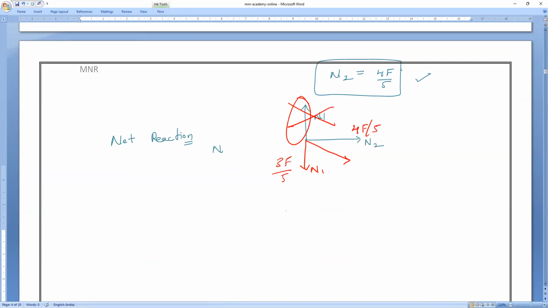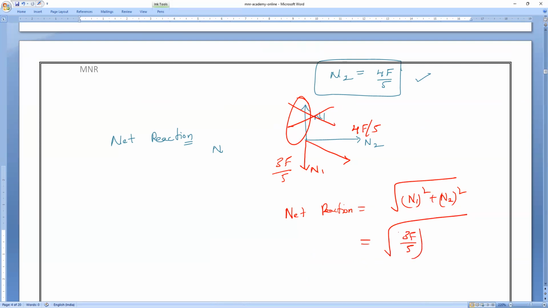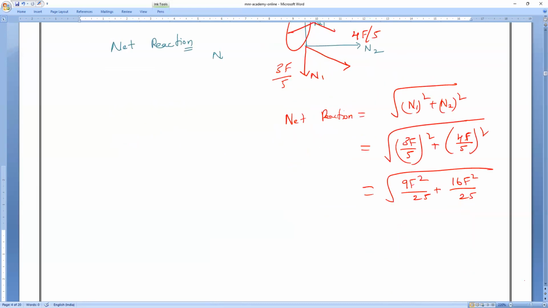So the net reaction is equal to root over N1 square plus N2 square, which is 3F by 5 whole square plus 4F by 5 whole square, which is 9F square divided by 25 plus 16F square divided by 25. Clear, everybody?